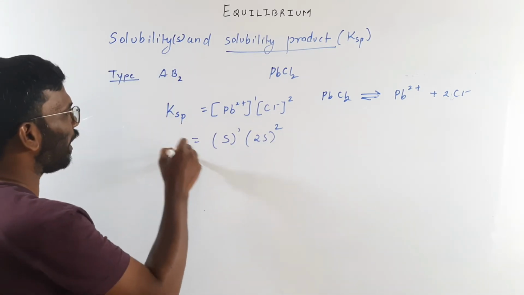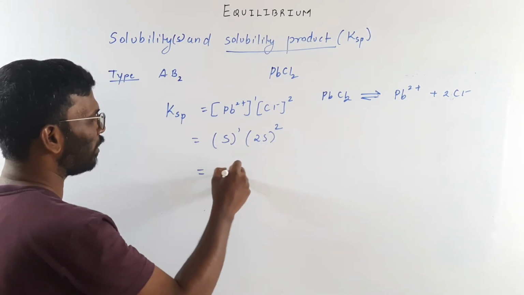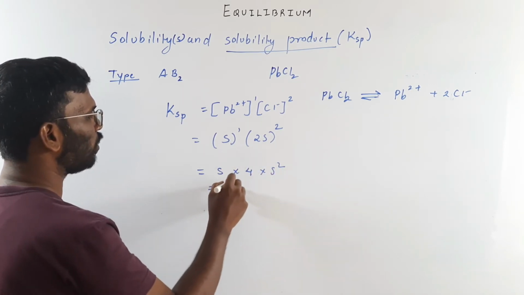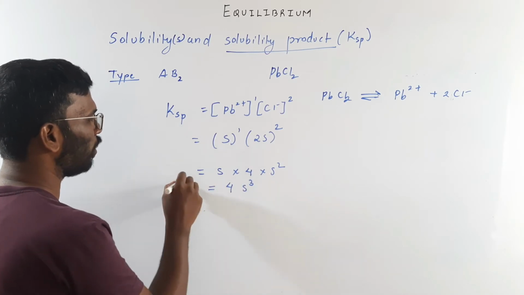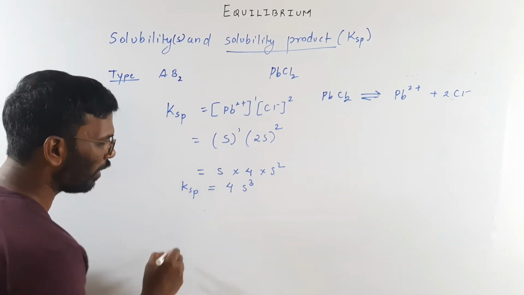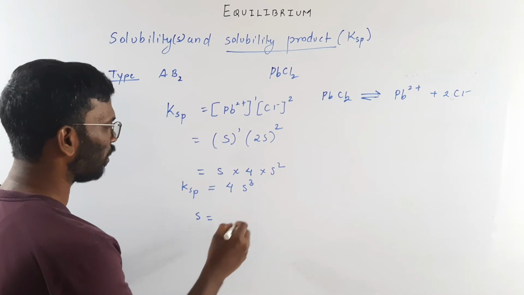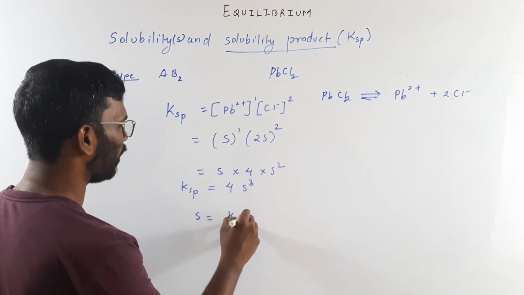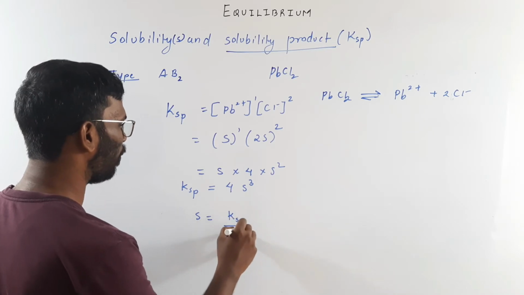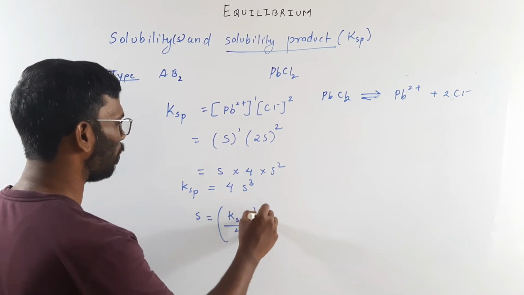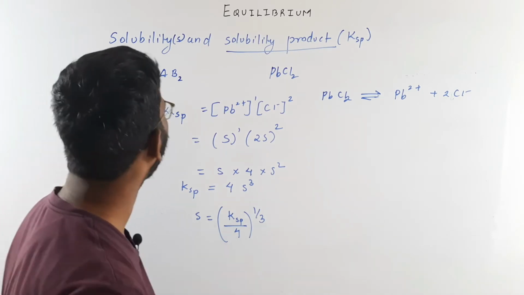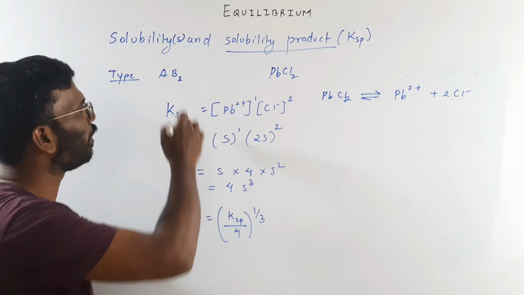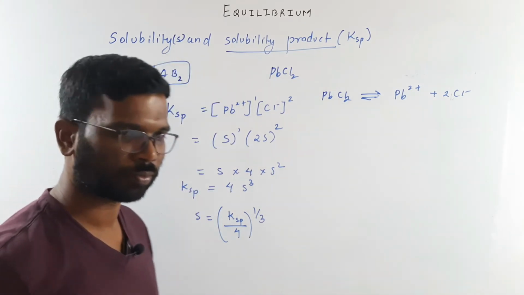So KSP is S multiplied by 4 S square, which is 4S cubed. So S is equal to KSP divided by 4, raised to 1 by 3. This is how KSP is related to solubility for this type of salts.